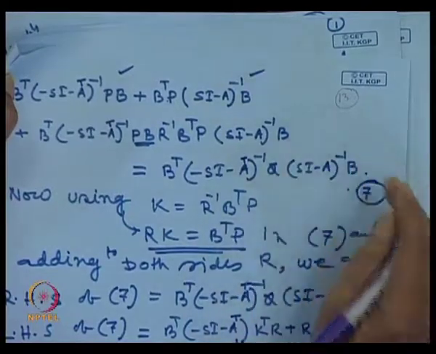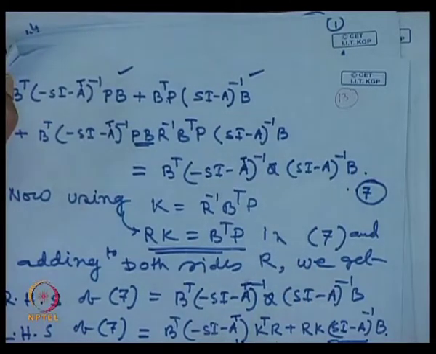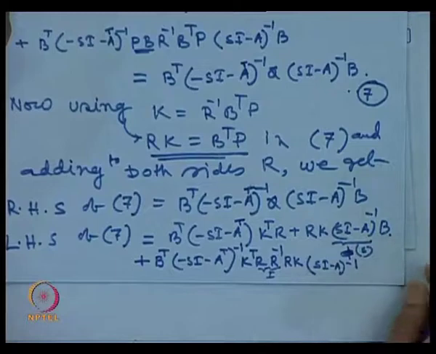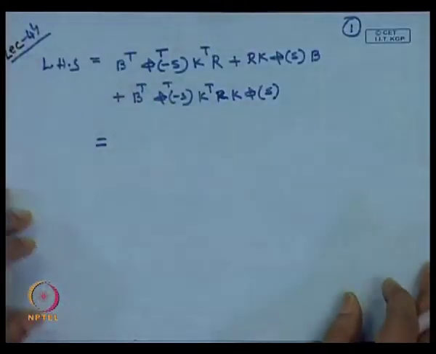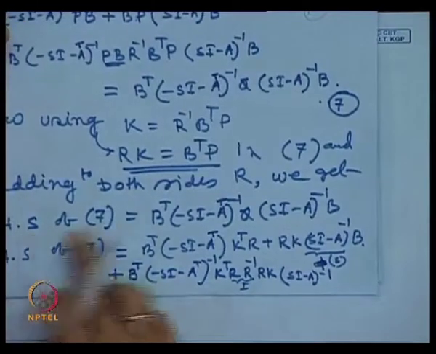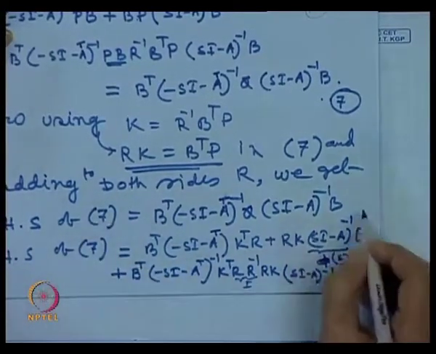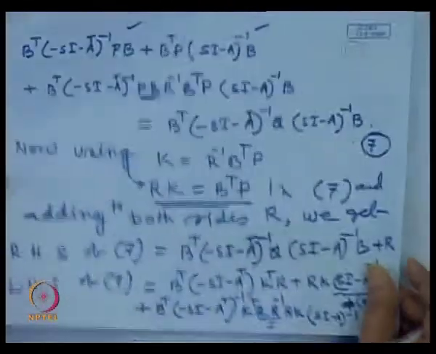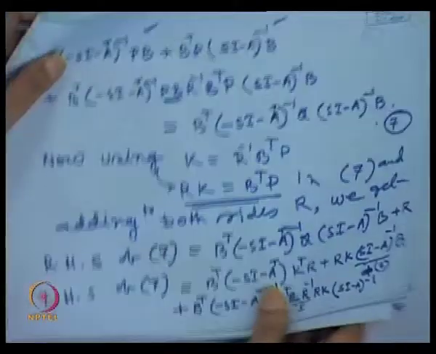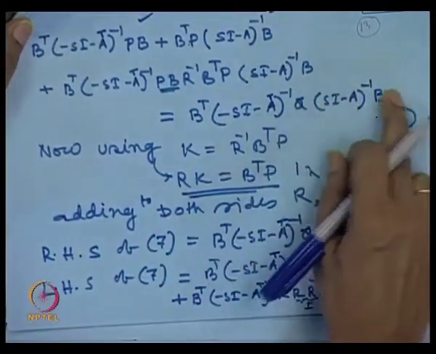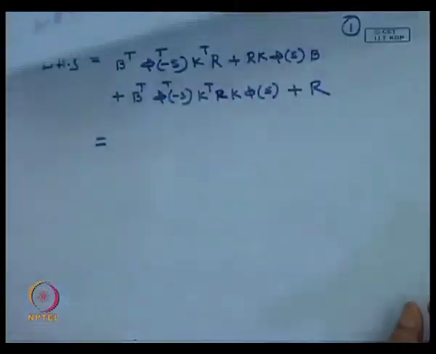Our basic equation: A transpose, P B R inverse B transpose P plus E 2 plus Q. I added R on both sides, in the right hand side of equation 7 also I added R. So, R, capital R, is on both sides, so it will not change the expression.